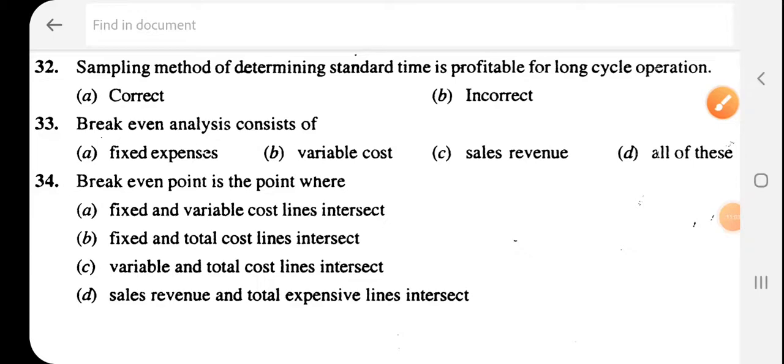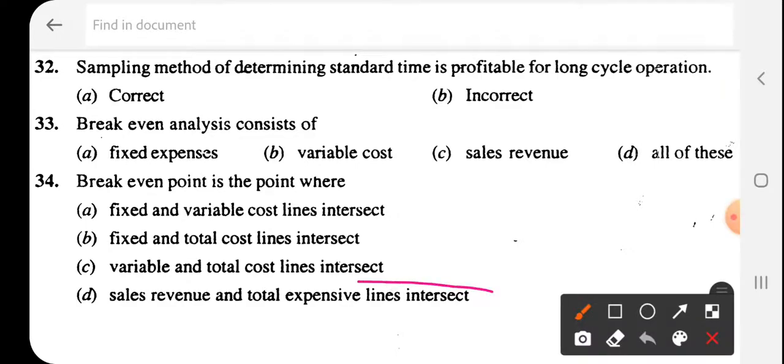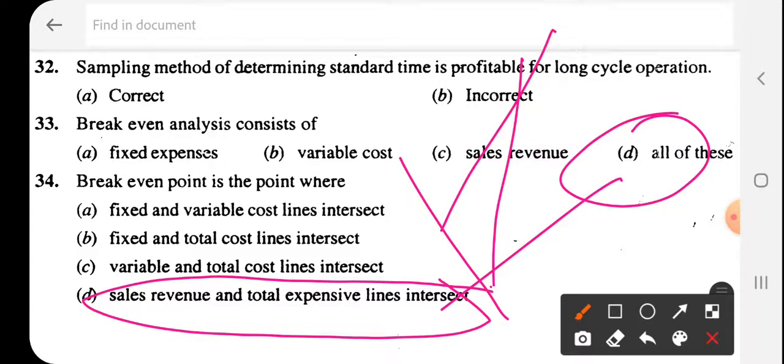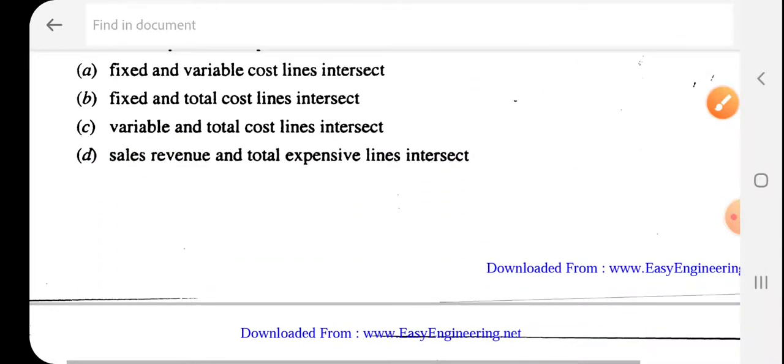Next, break-even point is the point where, D, sales revenue and total expense lines intersect. That is an important question. This one and this one both are important. Sales revenue and total expense lines intersect, so this point is the break-even point. Next, so this is the D.